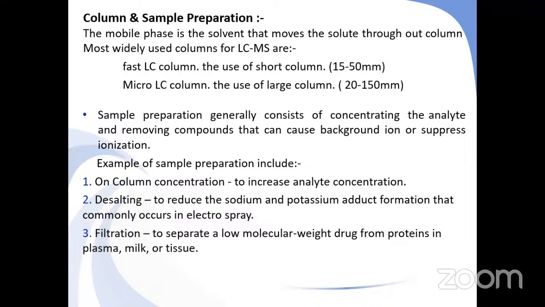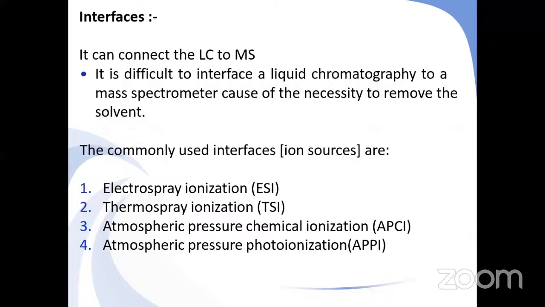So there are different interfaces for the LCMS. It is difficult to interface a liquid chromatography to a mass spectrometer, because of the necessity to remove the solvent. The common interfaces are ion sources, which include electrospray ionization, thermospray ionization, that is TSI, atmospheric pressure chemical ionization, APCI, and atmospheric pressure photoionization.